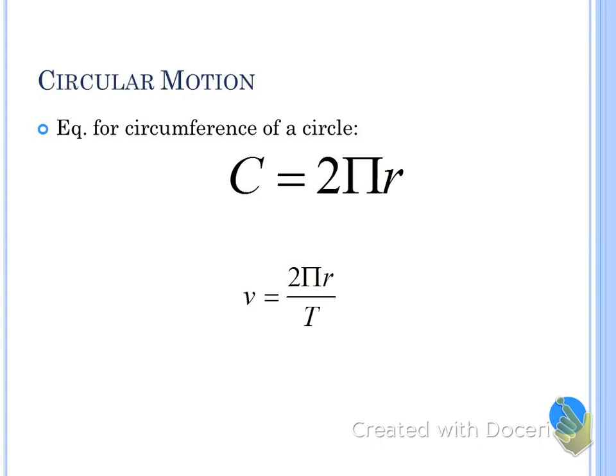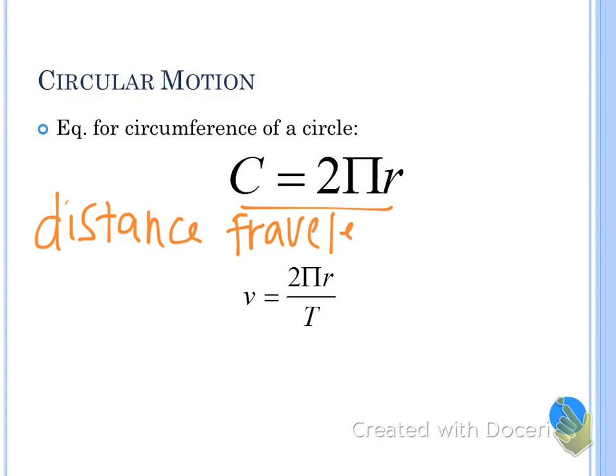The reason we use this is because it gives us the distance traveled in one revolution. During one revolution, it makes one complete round of its circular path, so we can find the circumference to find the total distance it's traveled.